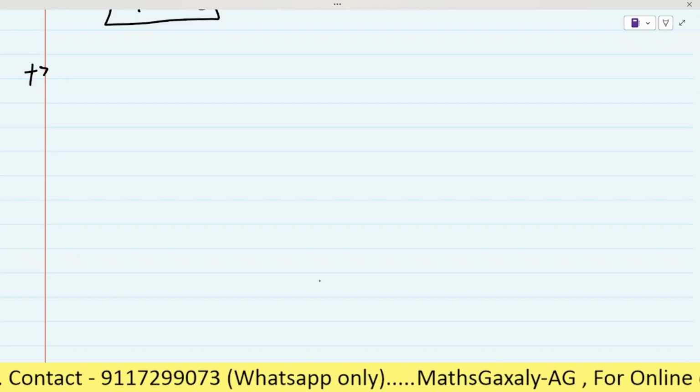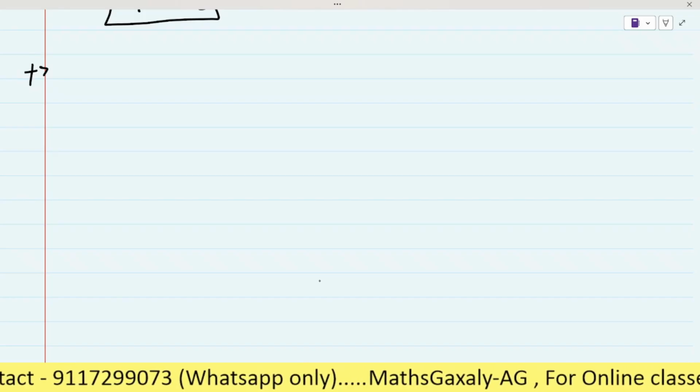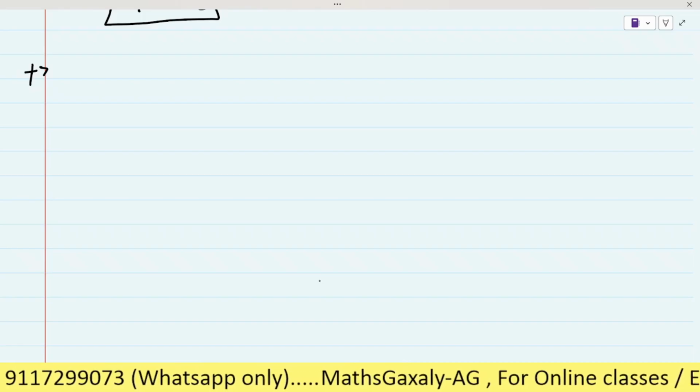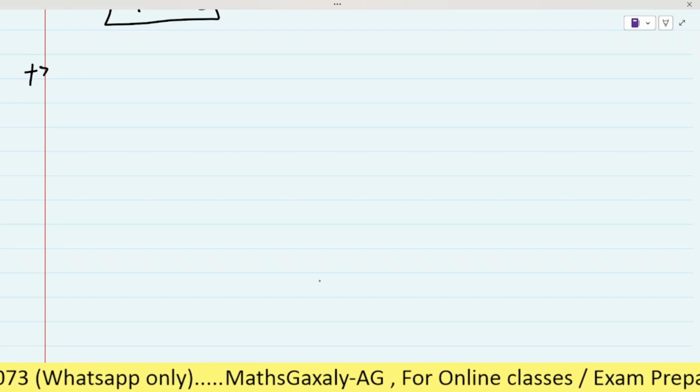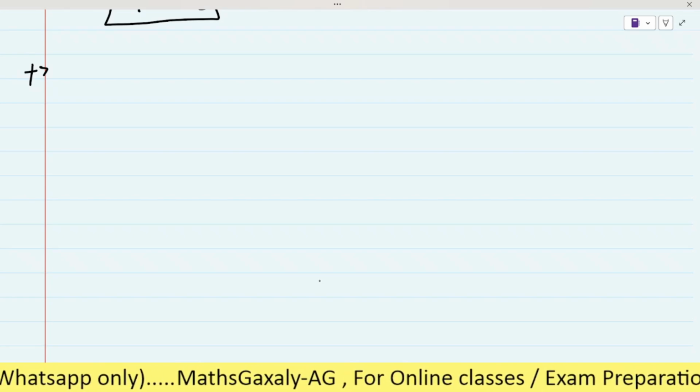I'm repeating again. From a container having x units of liquid, suppose y units are taken out and replaced by water.